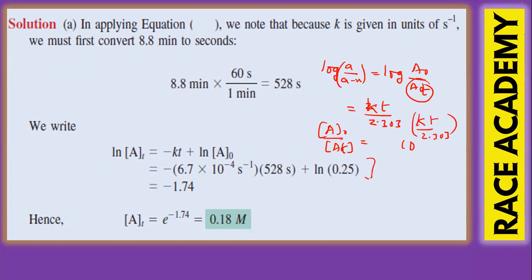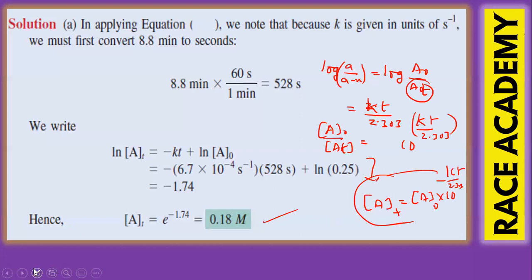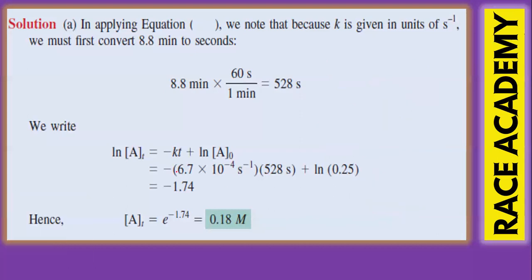Then you will find AT. AT is equal to A naught into 10 power minus KT by 2.303. So this is our general equation. If you apply the same thing here, you will get the answer as 0.18. But here minutes is converted into seconds. That is the first question.